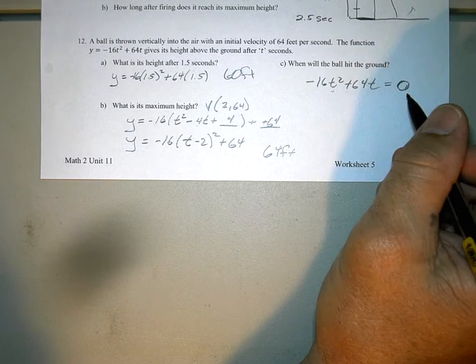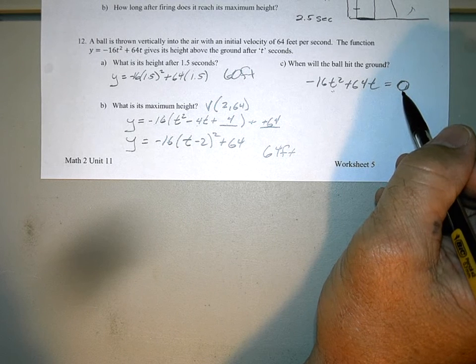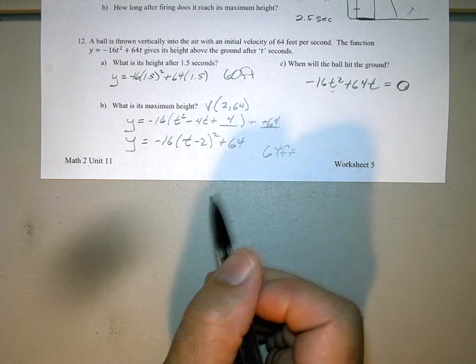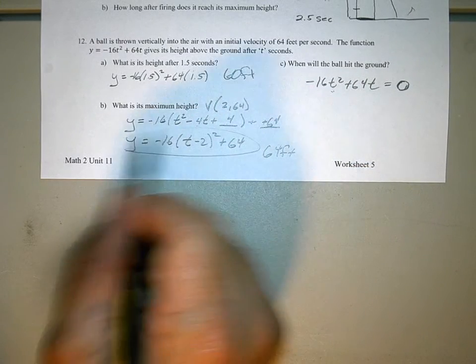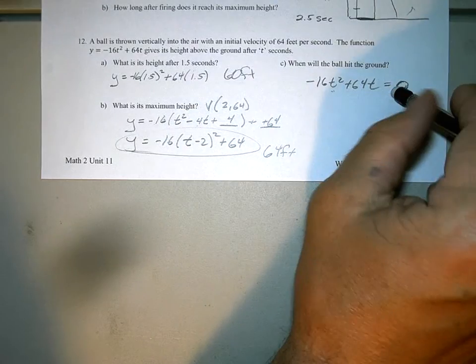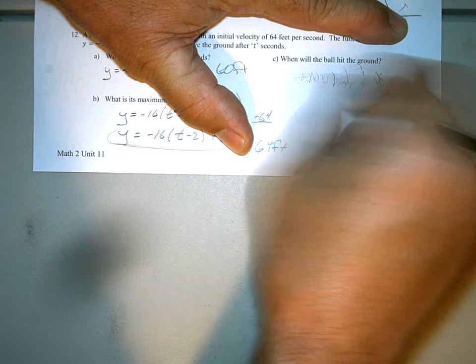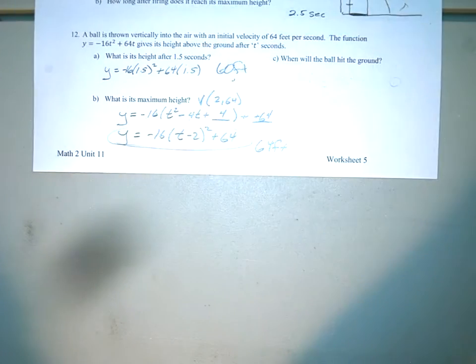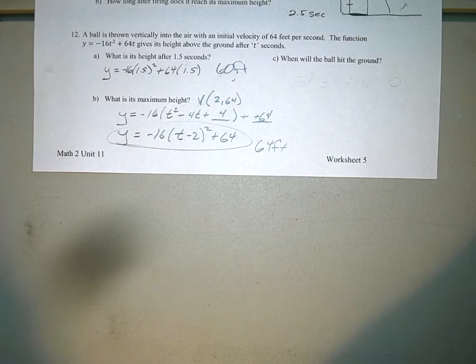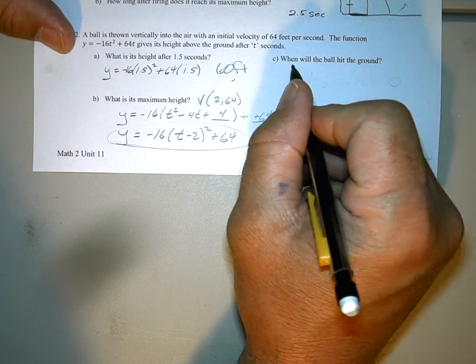So let's go ahead and solve this. To solve it, we want to put it into vertex form, and we already have it converted. Remember, when y equals 0, the ball is on the ground, because when y is 0, we're on the x-axis.